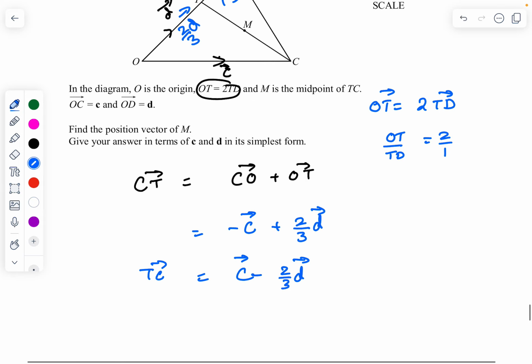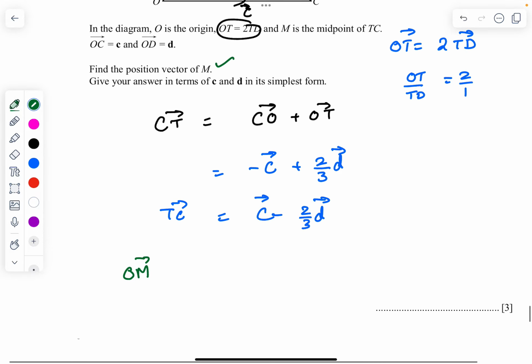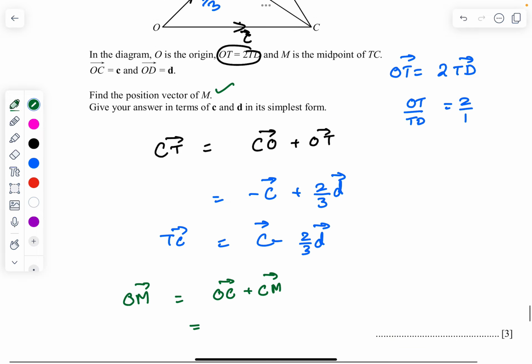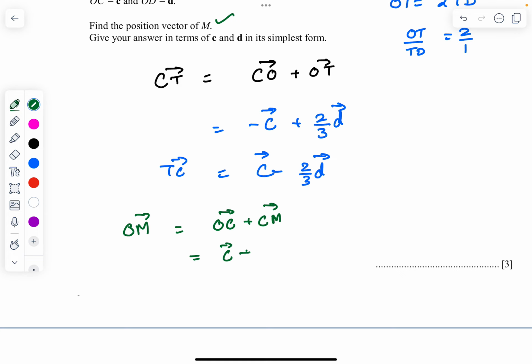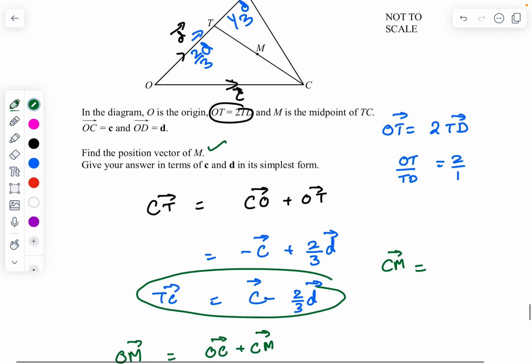Now what am I going to do? I am going to find OM. OM, the position vector of M, equals OC plus CM. OC is vector C, plus CM. CM is half of CT, because M is the midpoint.